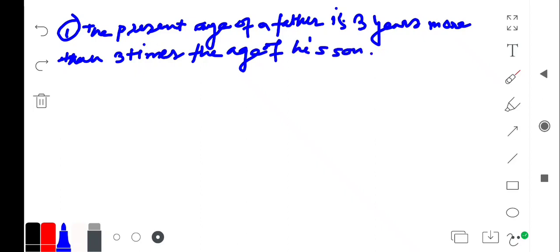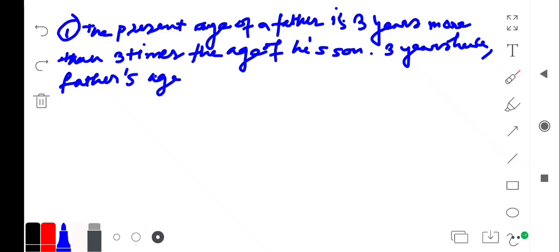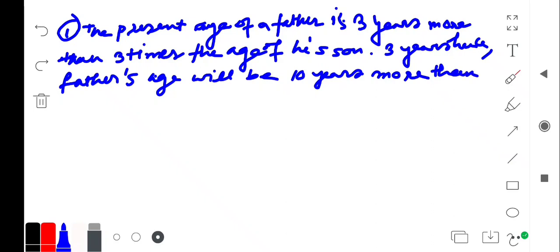Okay, so 3 years hence father's age will be 10 years more than twice the age of the son.